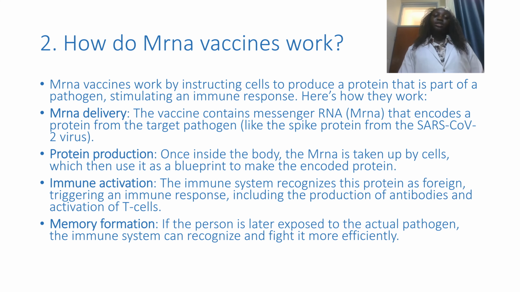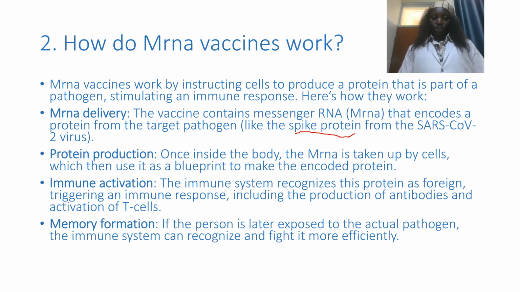Number 1, the mRNA delivery. The vaccine contains messenger RNA that encodes the proteins from the target pathogen. An example is the spike protein from the coronavirus SARS-CoV-2.